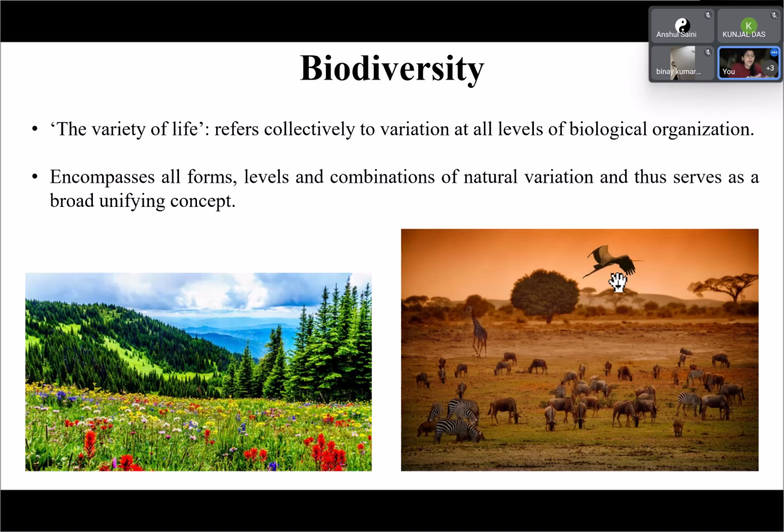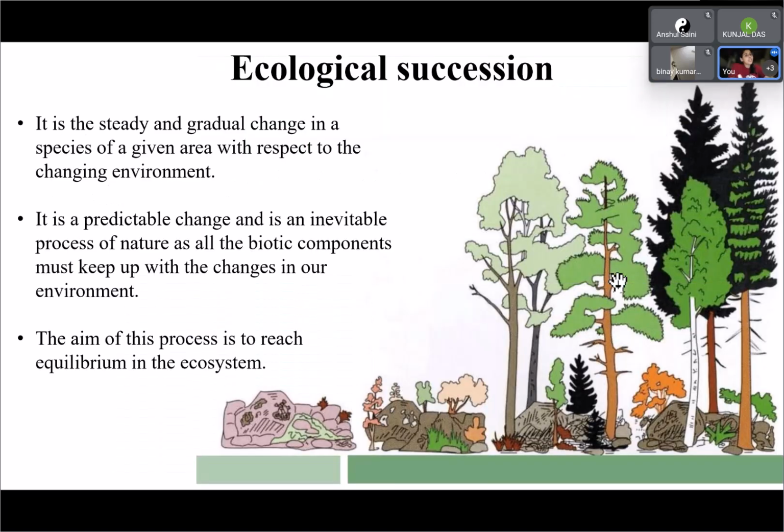Is it because of interaction among conspecifics, or whatever is present on the land, or is it because of other factors? Remember the terms autogenic and allogenic succession? That is what I was referring to when I was speaking. So ecological succession is a vast topic, and we had looked into this topic from several perspectives.